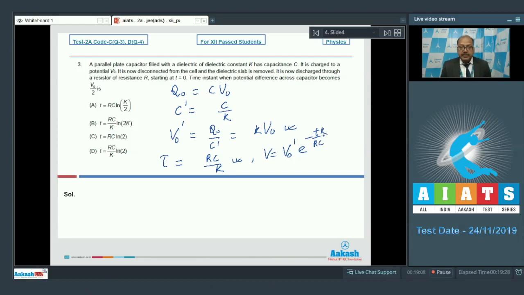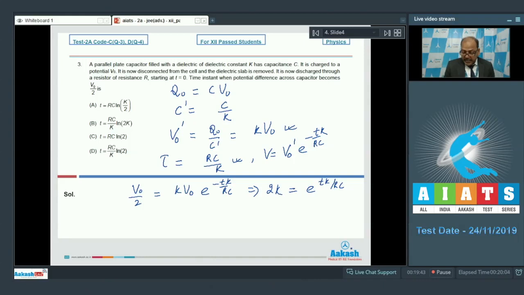So this is the expression. This potential difference becomes V0 by 2, and we also put the value of V0 dash. So we get the equation V0 by 2 equals KV0 e to the power minus tk upon RC. Solving, we get 2k equals e to the power tk upon RC.